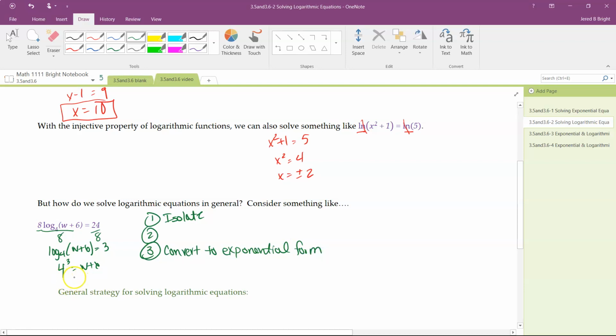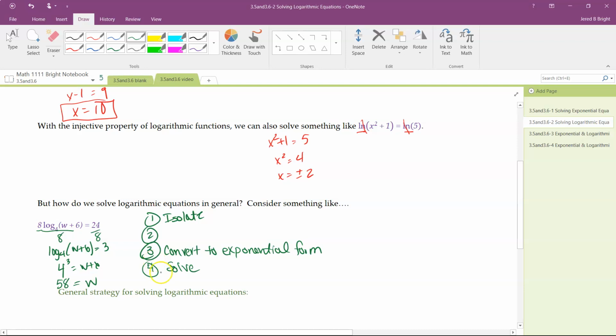And then lastly, it's just solve. So 4 to the third is 64, 64 minus 6 is 58. Okay, and then boom, we're done. So step 4, this is solve.